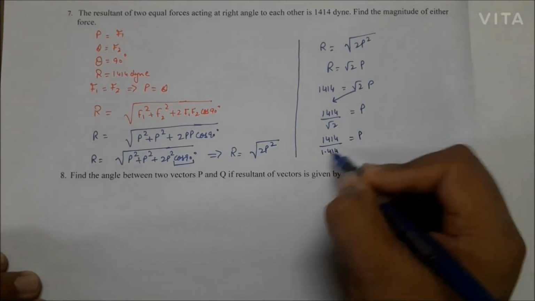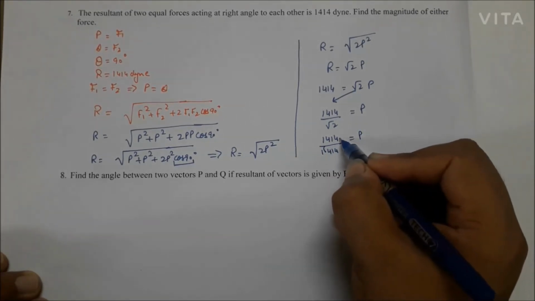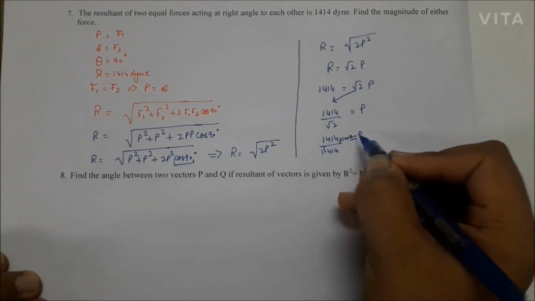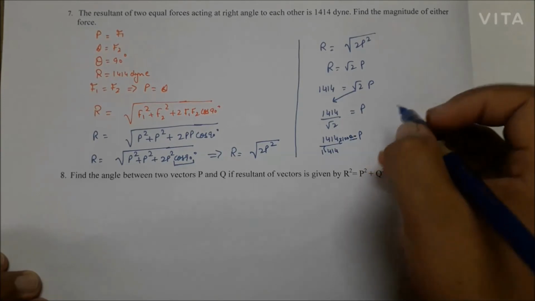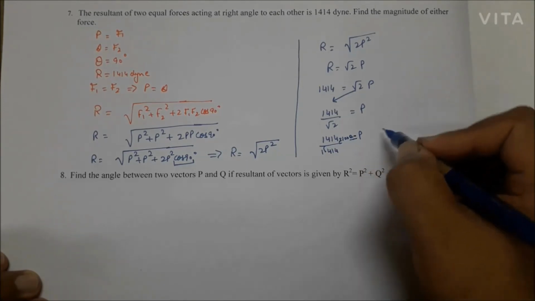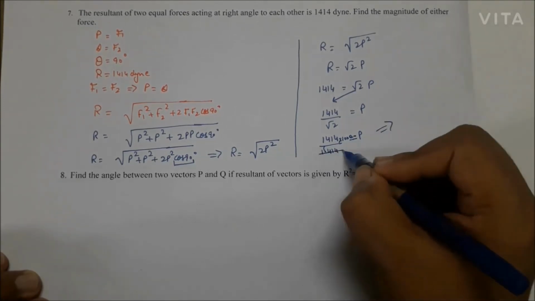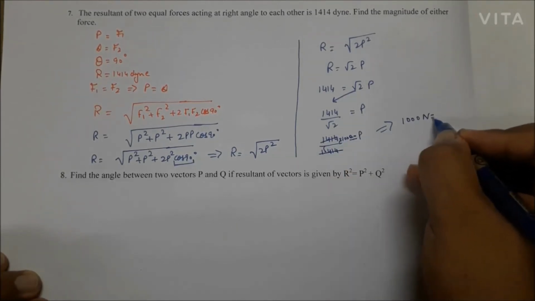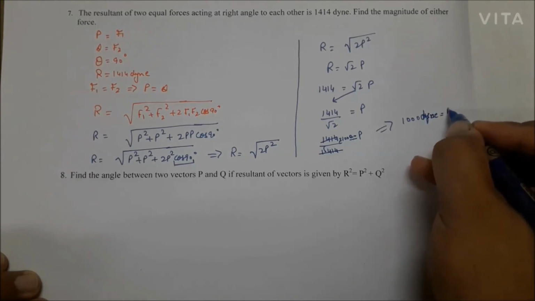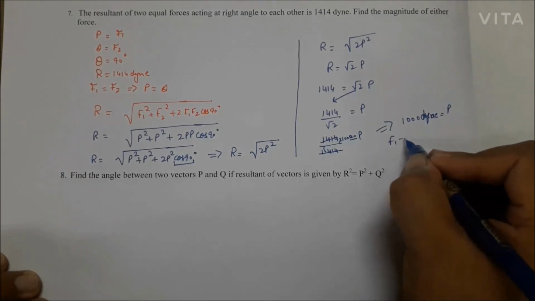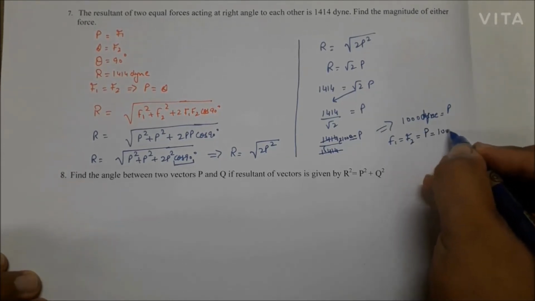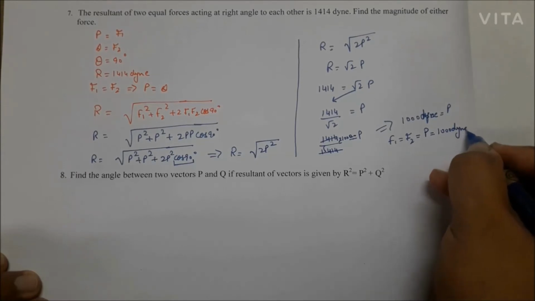So when I remove this point and 1000 comes upward in the numerator, this 1414 and 1414 cancel out, and 1000 dynes becomes P. So F1 is equal to F2 is equal to P, that is 1000 dynes.